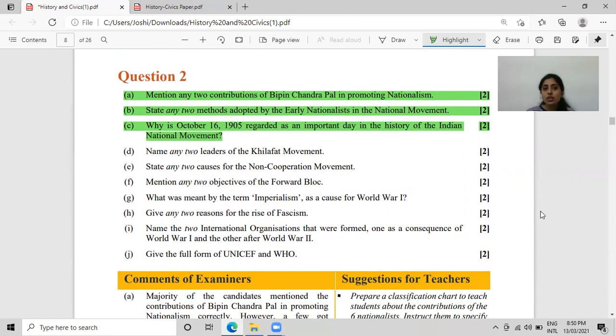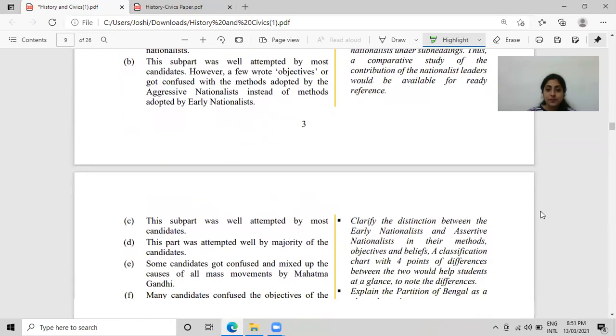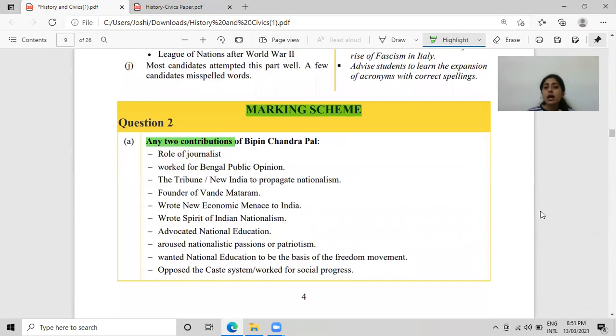So the first question from the history section is, mention any two contributions of Bipin Chandra Pal in promoting nationalism. Let's go to the answer. As per the marking scheme, we will have to write down only the two contributions.